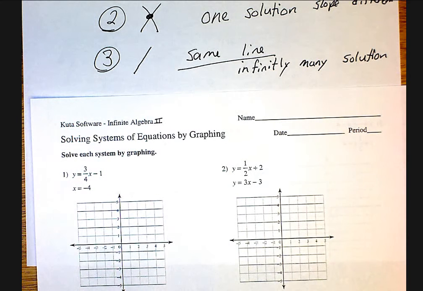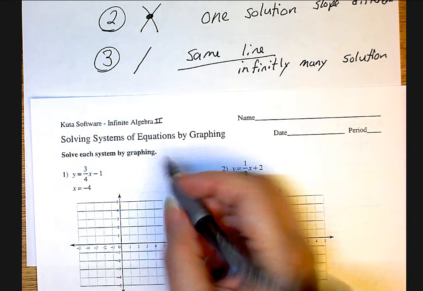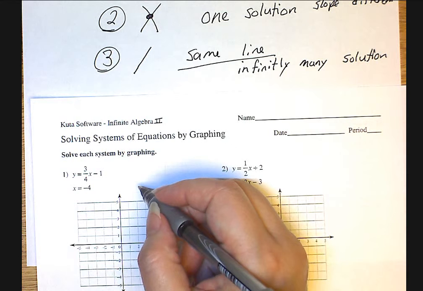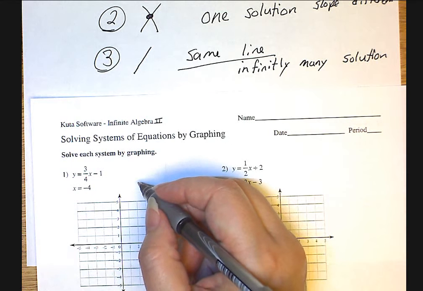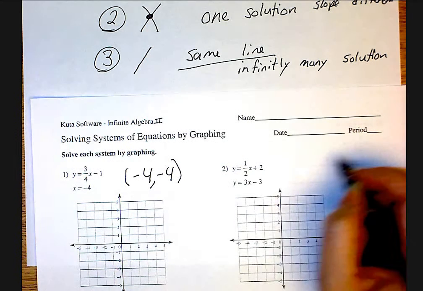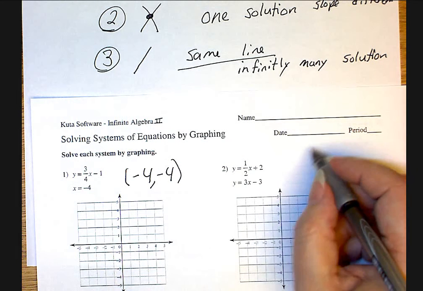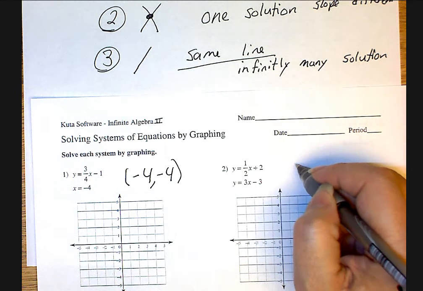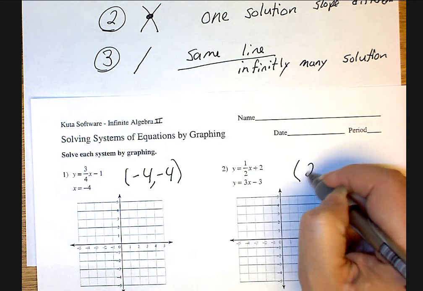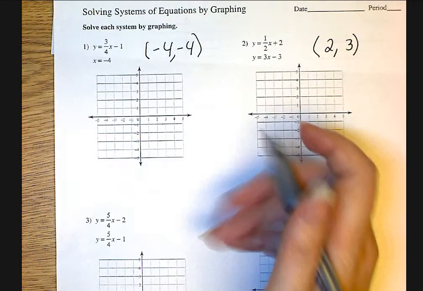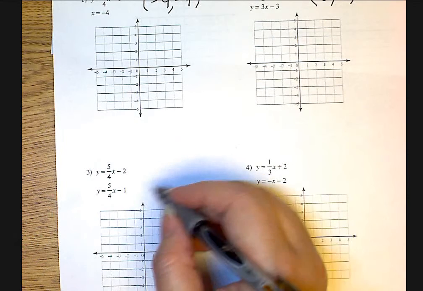All right, Rebecca, what'd you get for number one? -4, -4. Very good. Austin, what'd you get for number 2? 2, 3 is right. Dylan, what'd you get for number 3?